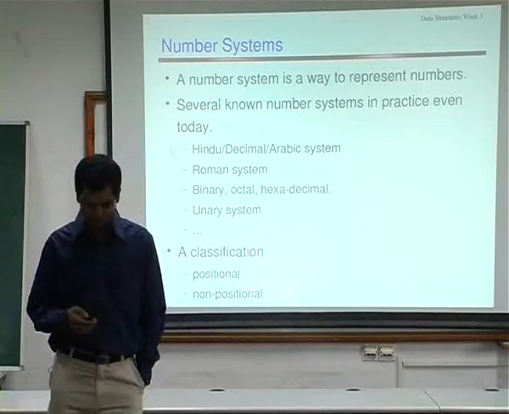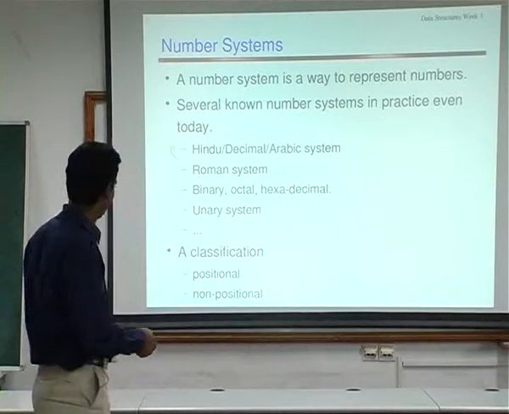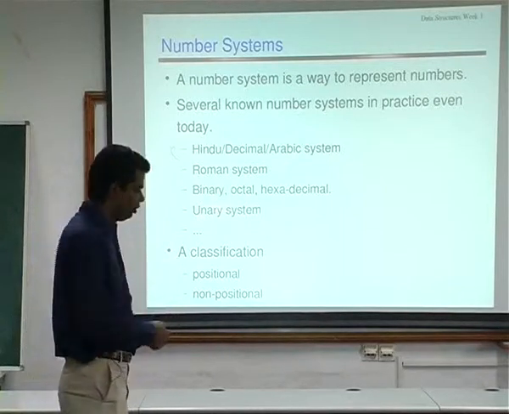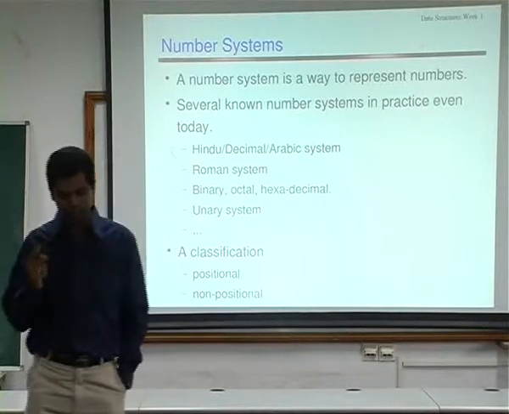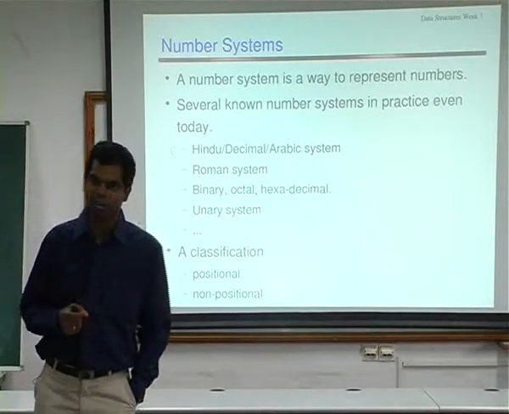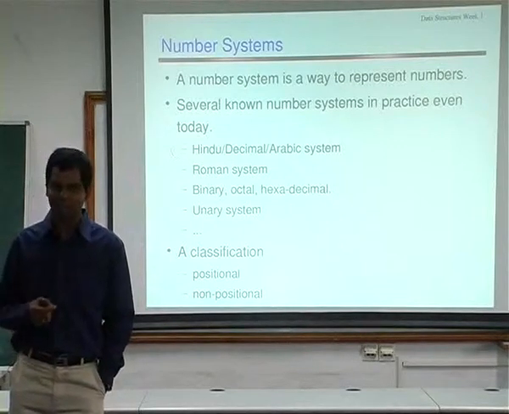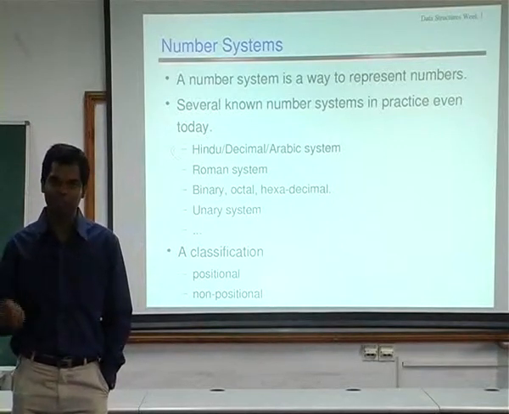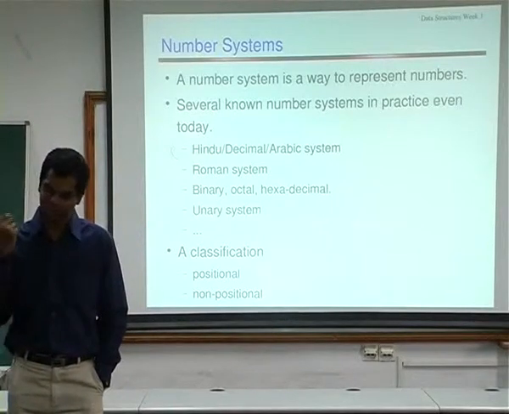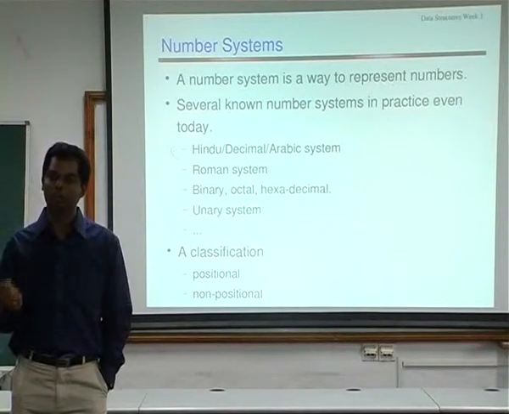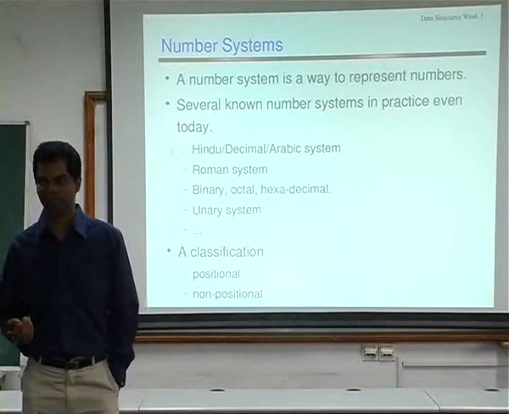There is a reason for that. That's not important now, right? Okay. So the unary system is something we may have used at one point or another, and we don't really think of it as a number system per se. But in my opinion, it deserves to be called a number system because it gives a way to do arithmetic just as any other number system, right?